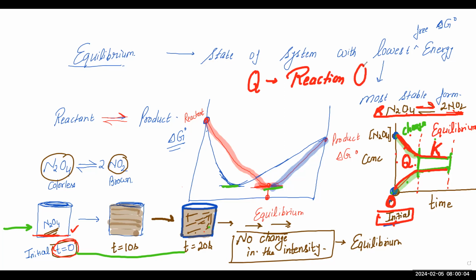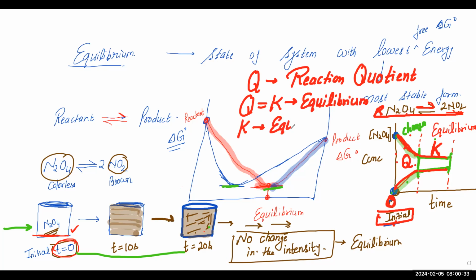It represents a struggling state for getting the equilibrium. Q wants to become K. When this Q is equal to K, then we say the system is in equilibrium. And this K is called the equilibrium constant.